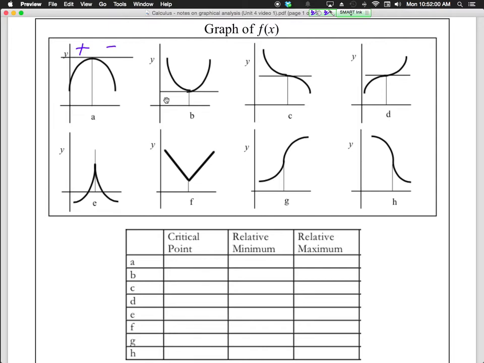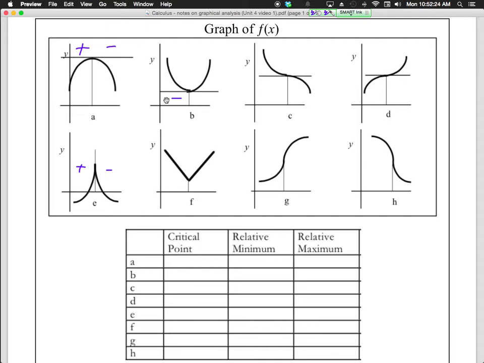I can't just say change sign because I have to determine whether or not it's a max or a min. Okay, so both of these two right here, derivative is positive on the left and negative on the right. Now on B and F, on the left side of B, what's my function doing? Decreasing, which means my derivative is negative.